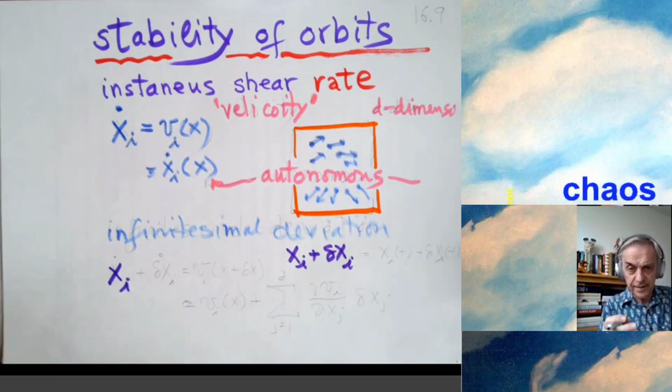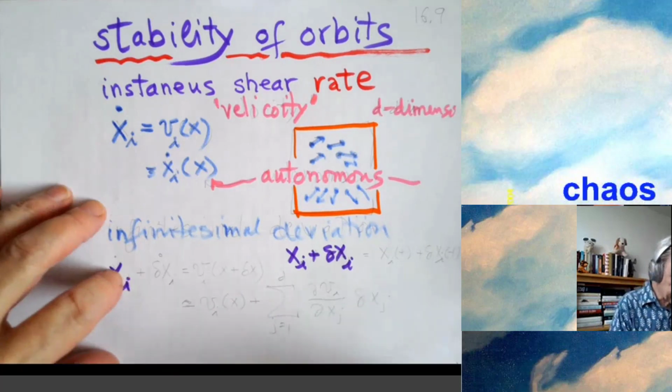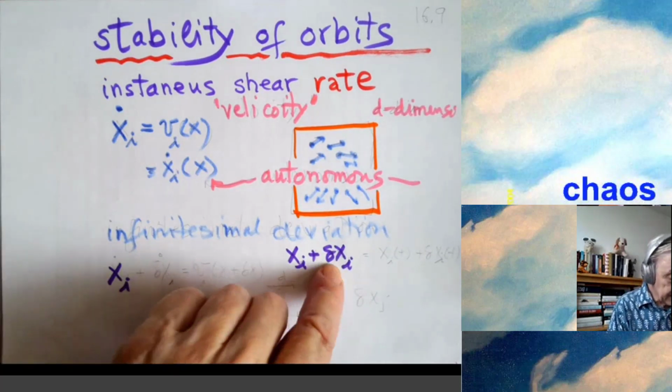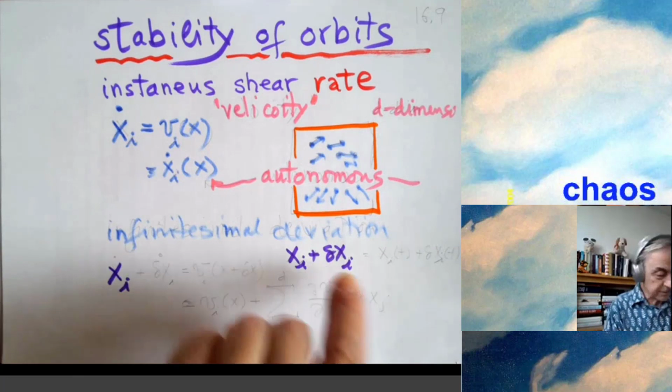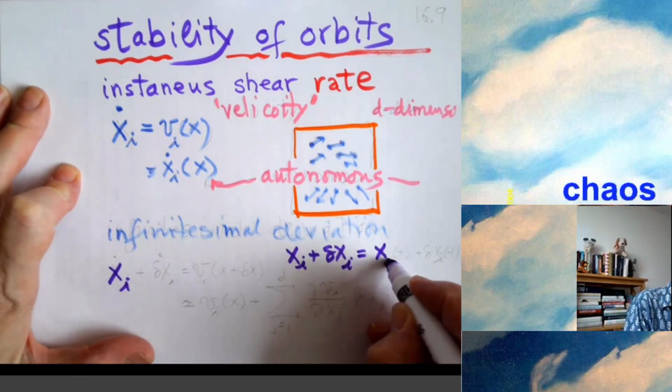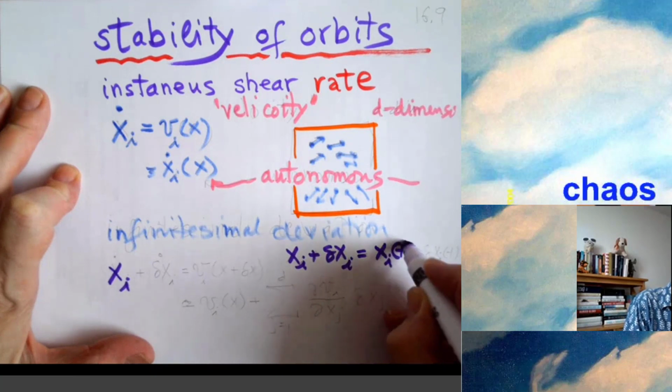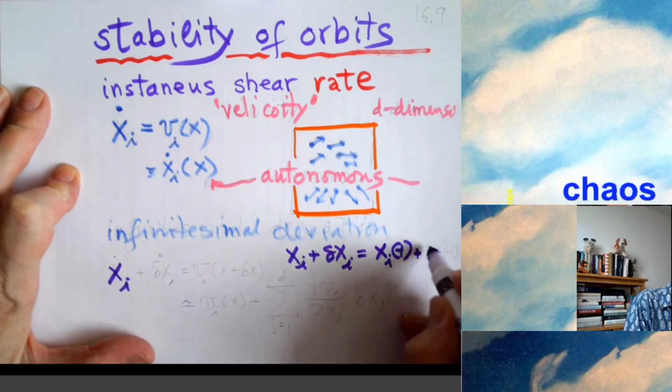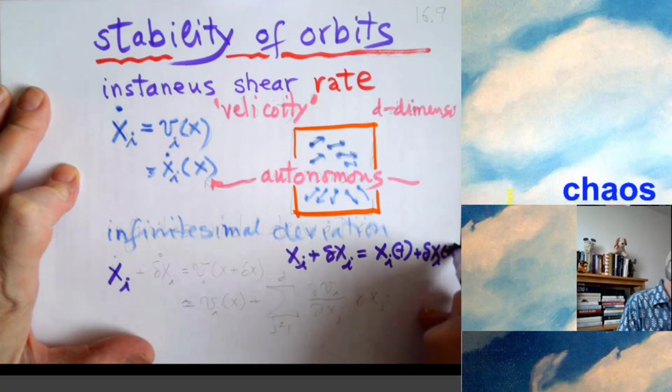I'm starting with 100 or 1,000 other runners at the same time. And this is the distance to one of them, but it could be any of them. This distance will be changing. My position will be changing in time, but also the distances will be changing in time. So this thing depends on time.